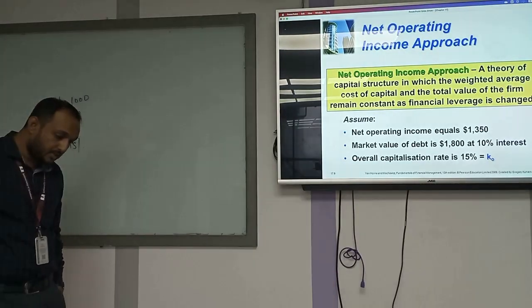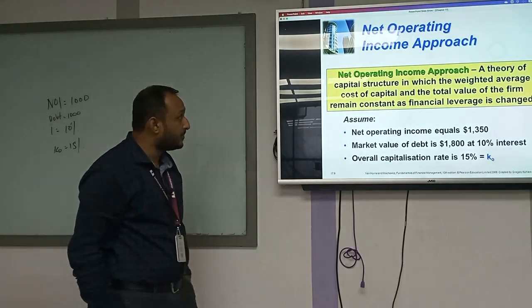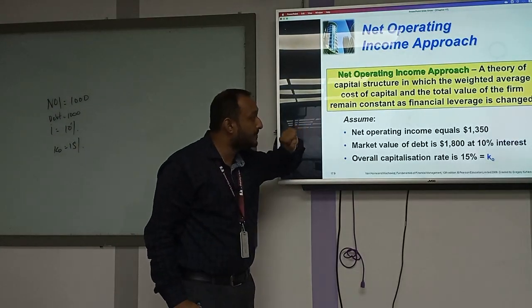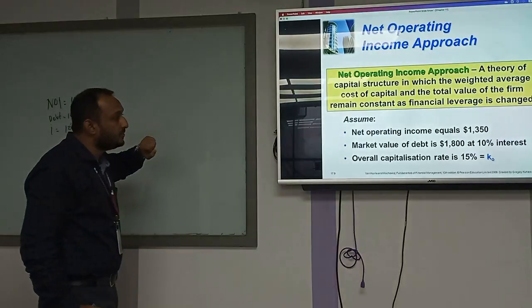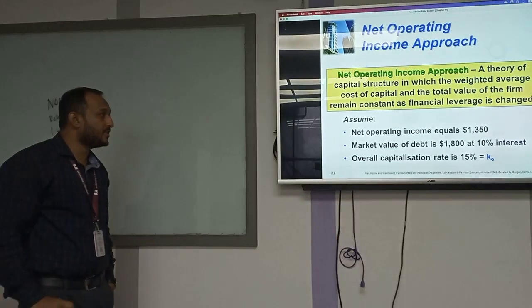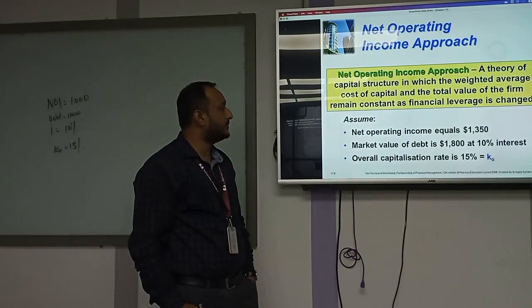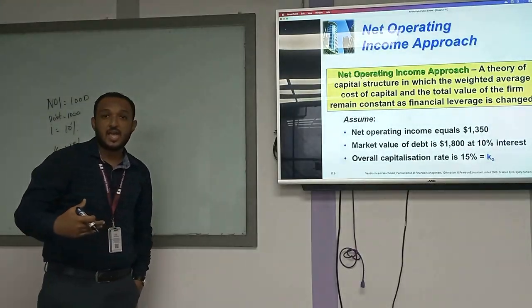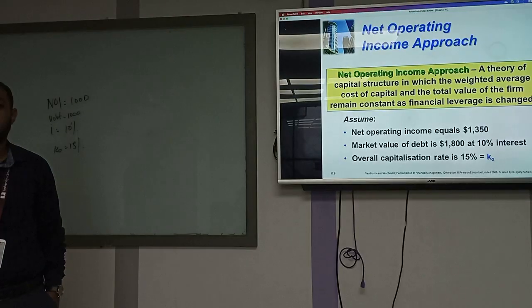One way to determine the value of your company is the net operating income approach: a theory of capital structure in which the weighted average cost of capital and the total value of the firm remain constant as financial leverage is changed.